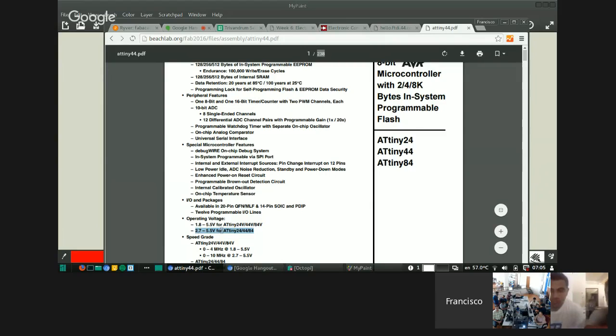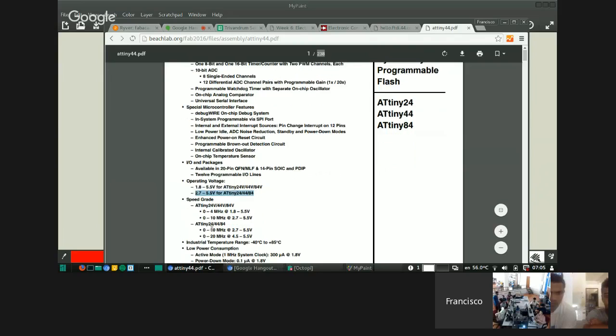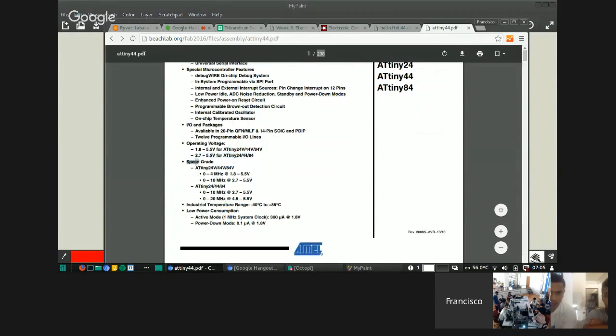So the power source must be this one. Otherwise, the microcontroller will not work. This is one question. And yes, then comes the speed. So if you want to run it at 20 megahertz, then you have further restrictions. Then the power source must be 4.5 to 5.5.